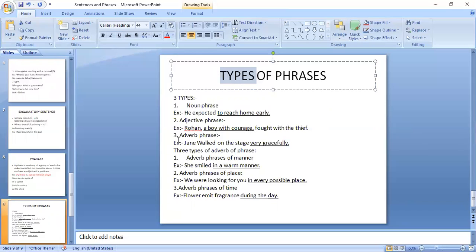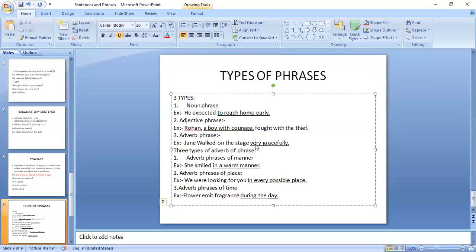Next one is the adverb phrase. An adverb phrase is a group of words that performs the function of an adverb in a sentence. One example I have taken: Jan walked on the stage very gracefully. Here, the adverb phrase is modifying the verb walked.